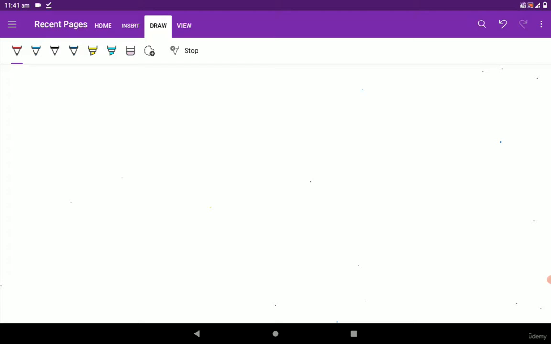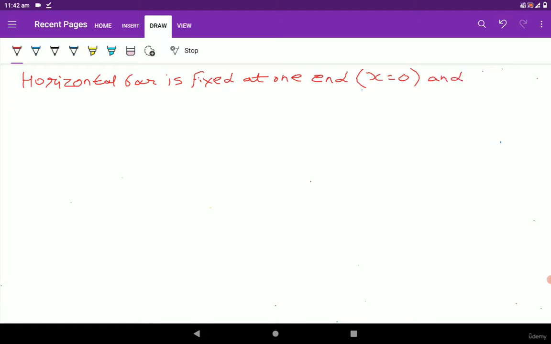A horizontal bar is fixed at one end, where the x coordinate is equal to 0, and the length of the bar is 1 meter.